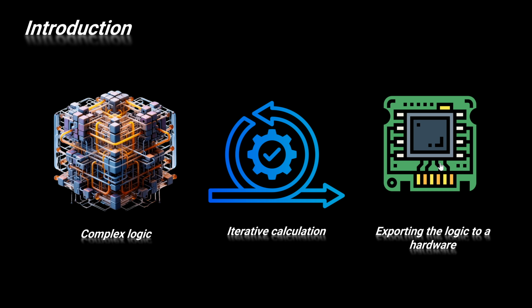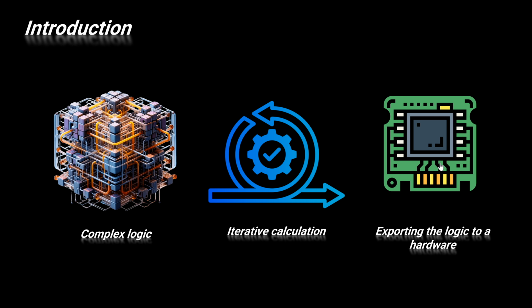Another use case is building the logic and exporting it to hardware. Suppose you have written your entire Simulink program and used a MATLAB function block. With the help of that block, you can bring all the coding related practices into your function block.